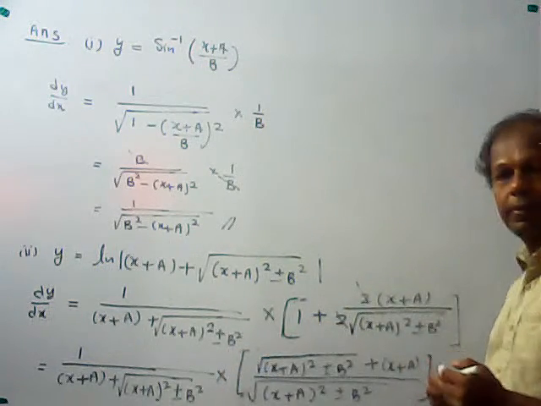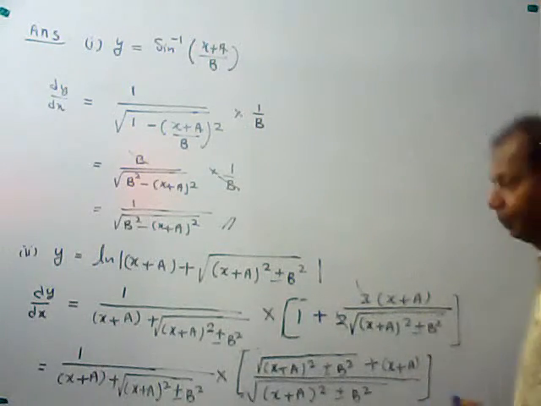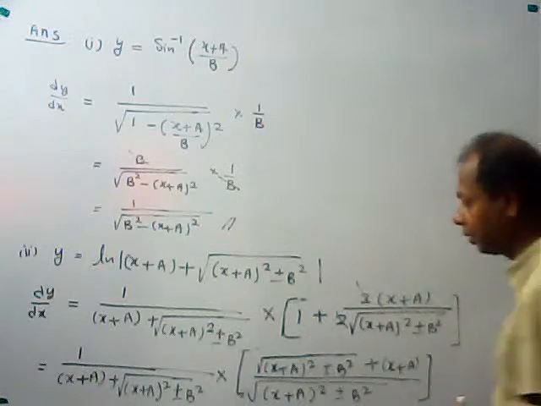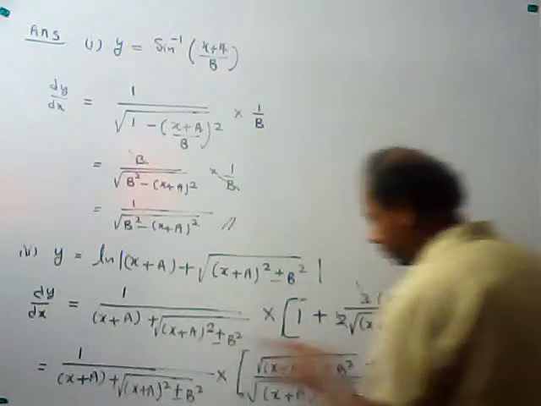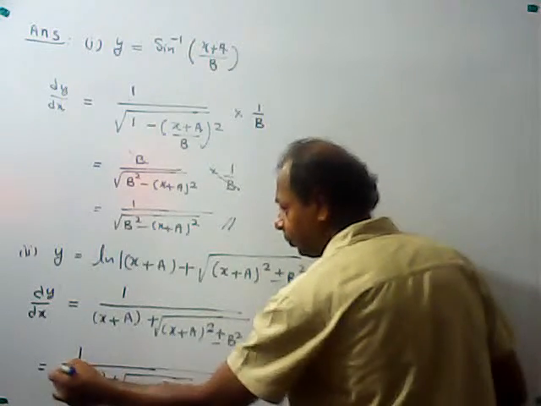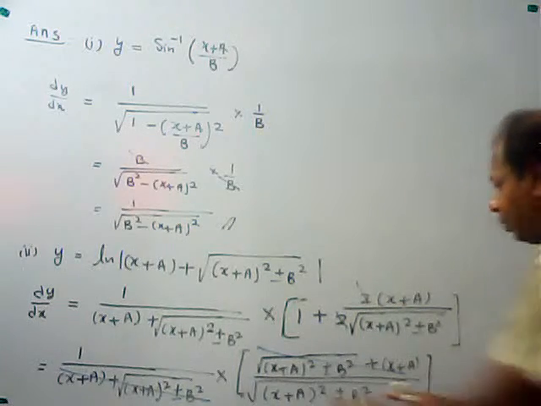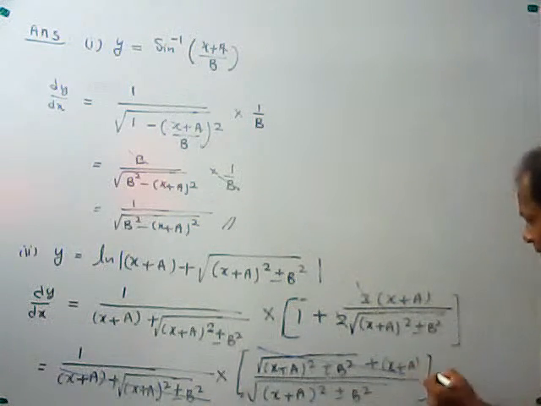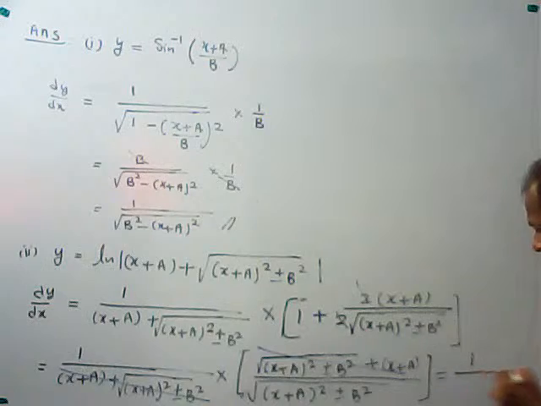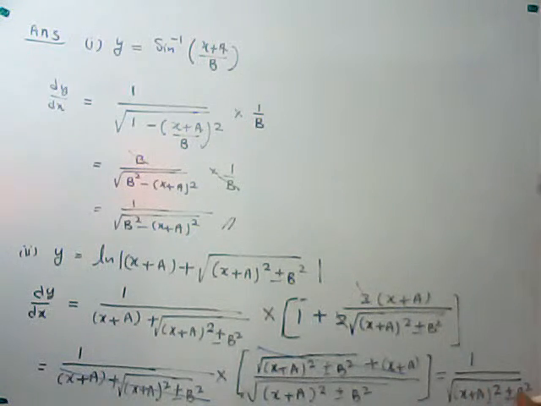Now if you look at this carefully, these are the same, so they get cancelled. These two get cancelled, leaving only this, equals 1 over square root of x plus a squared plus or minus b squared. So that's the answer.